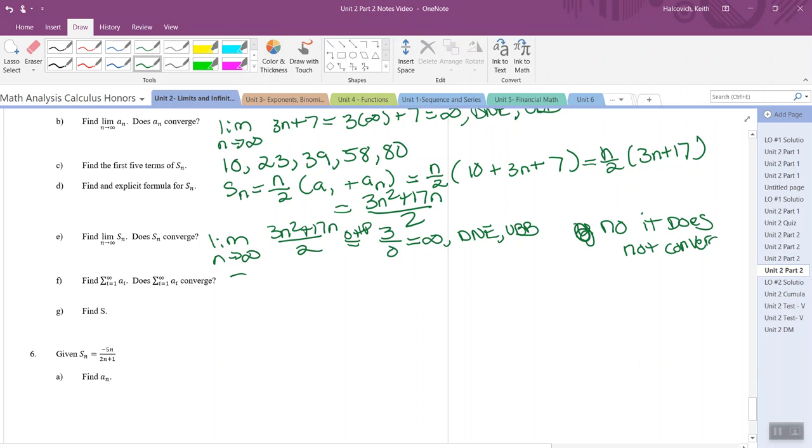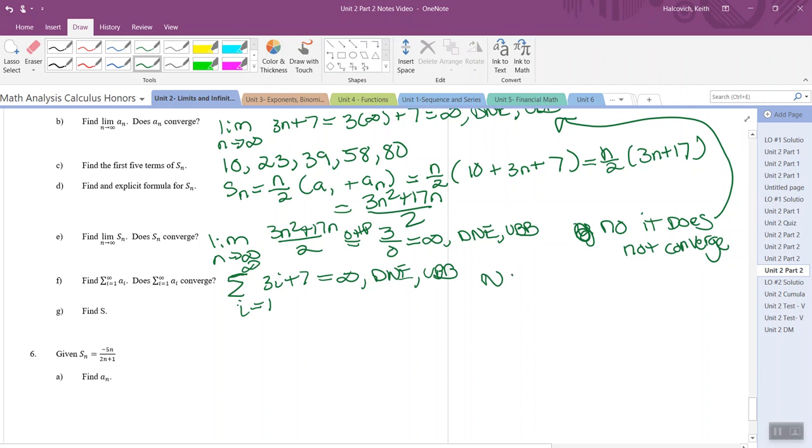Same for part B as well, that doesn't converge. As far as part F goes, the sum of the sequence to infinity of 3i plus 7, that's equal to infinity, does not exist. Unbounded behavior, and no, it does not converge. And the sum would be infinity.